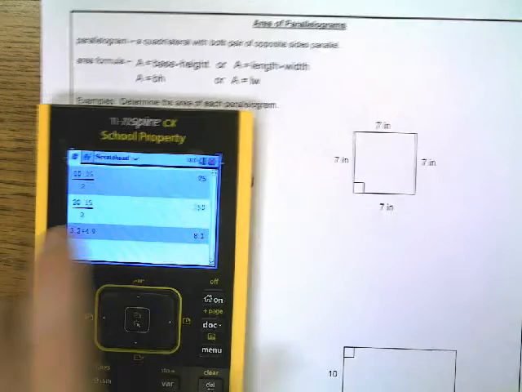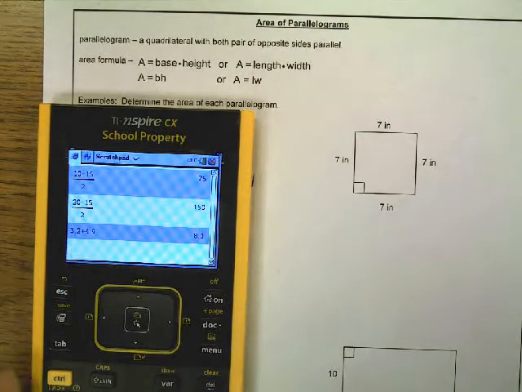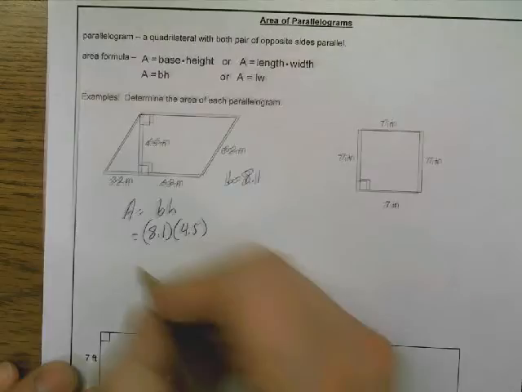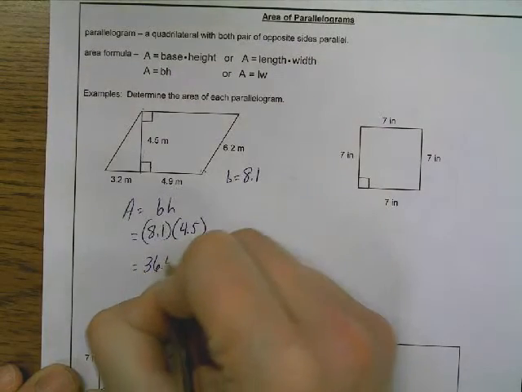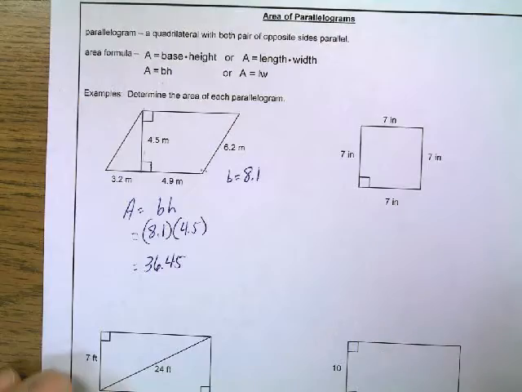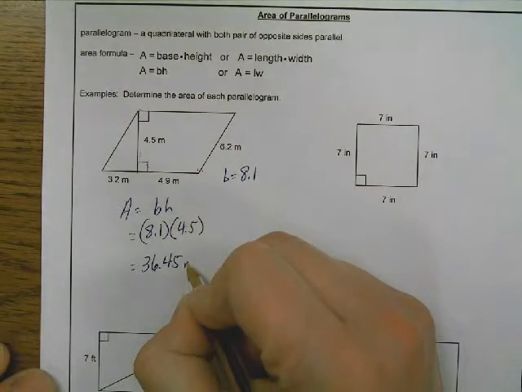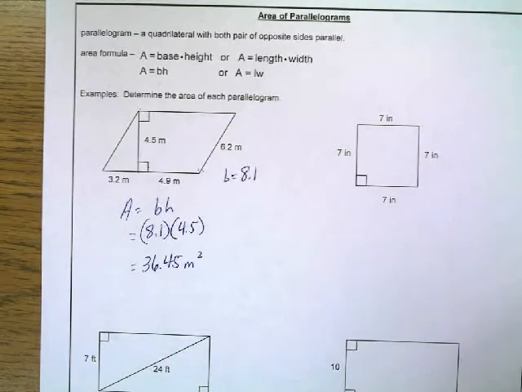So I'll take my calculator and do, I've already got the 8.1 on there, so I'm just going to hit times 4.5. And I get 36.45. And because this is area, we're going to call that meters squared or square meters.